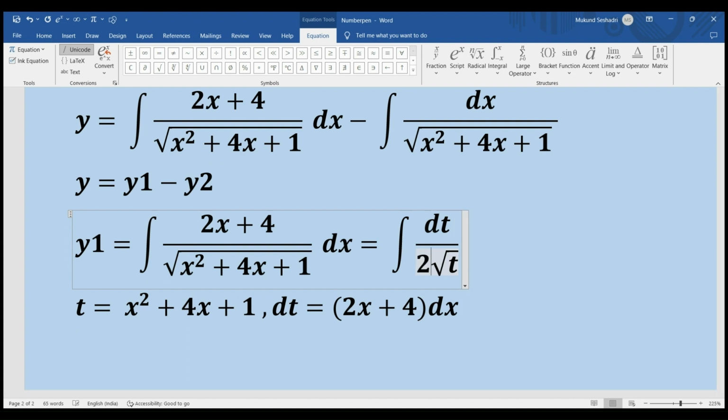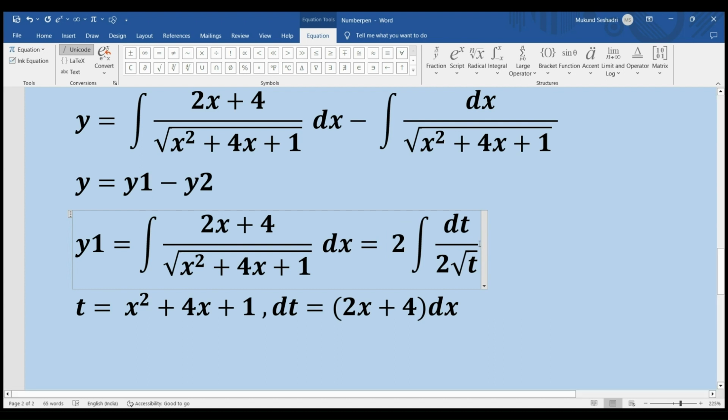Now what I do is multiply and divide by a 2. The 2 in the numerator, I bring it out of the integral. And what happens now is I have an integral of dt by 2 root t. Now this is not too difficult because we know that d by dt of root t is 1 by 2 root t, right?